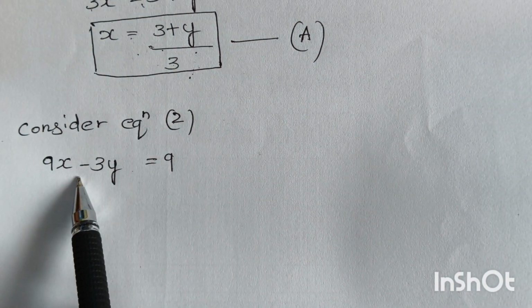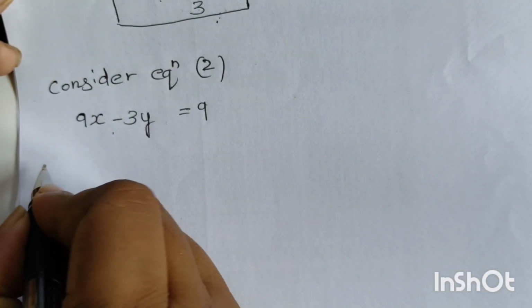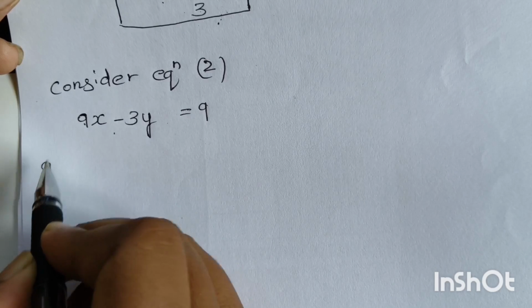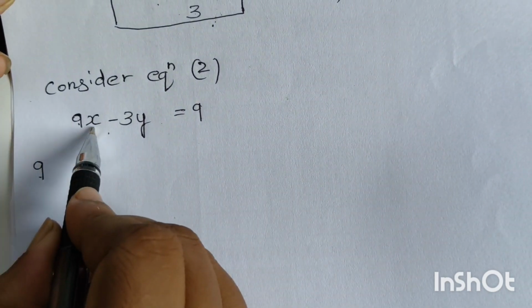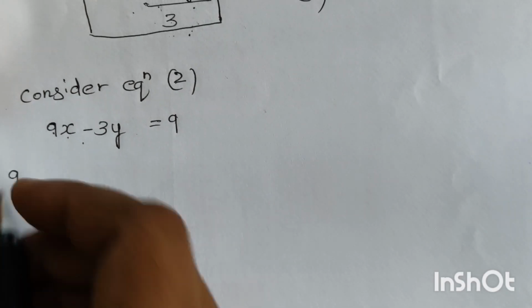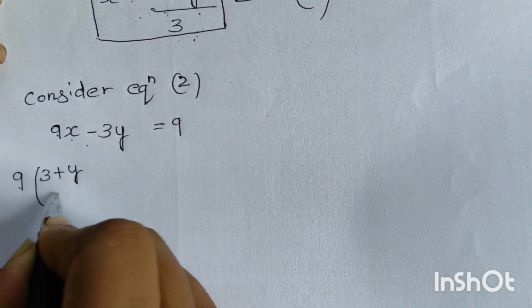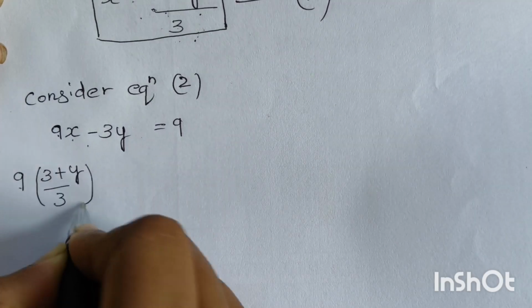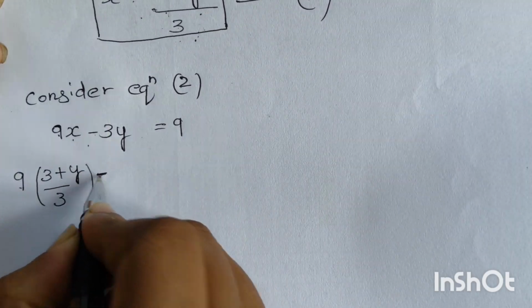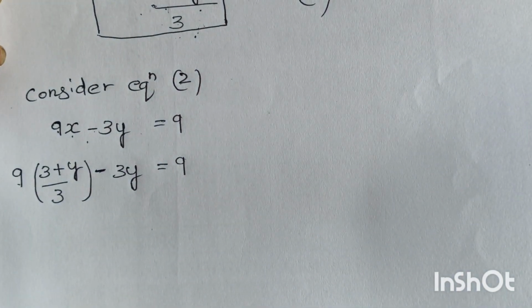Means, in the place of x, let us write this one. For this 9, let me write 9 here. The value of x is 3 plus y by 3. Therefore, let me write 3 plus y by 3. For this minus, let me write minus 3y is equal to 9.